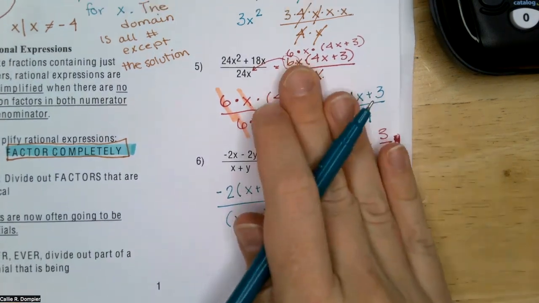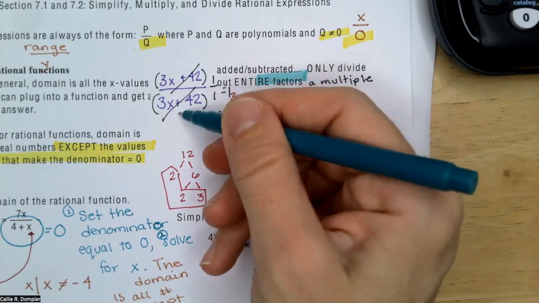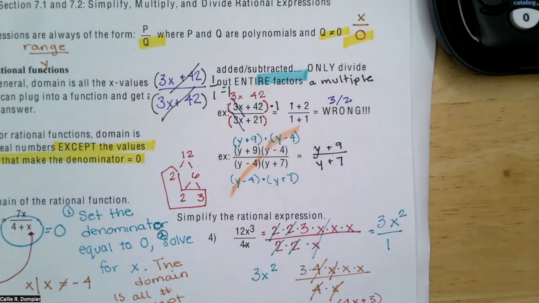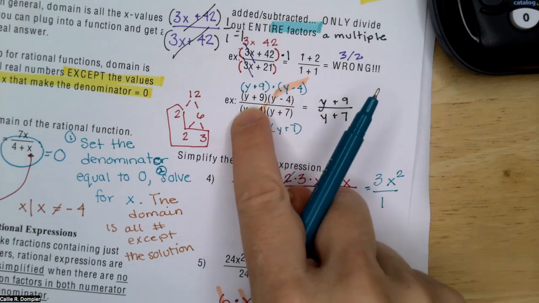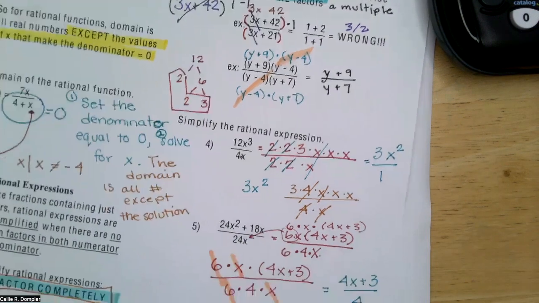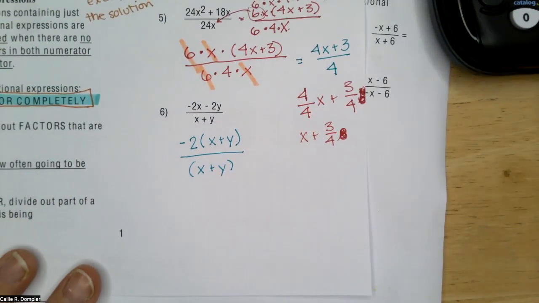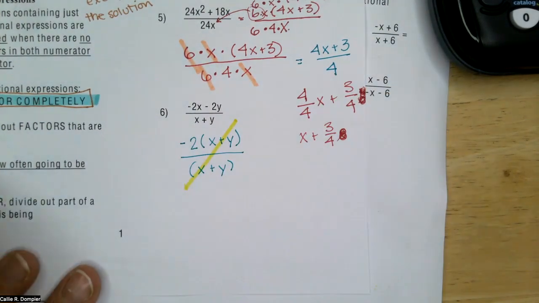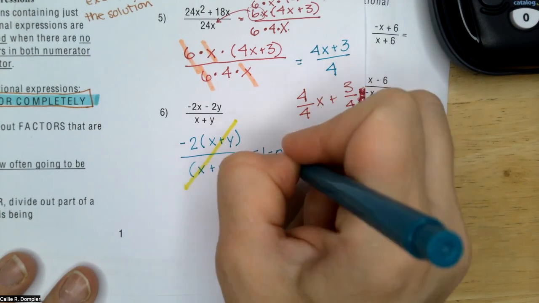Just like we saw up here, if they are exactly the same at the top and the bottom, you can cancel them. It's just 1 divided by 1, which is 1. Or here, y minus 4 times something else. On the bottom, y minus 4 times something else, you can cancel them. So here we have -2 times (x plus y) divided by x plus y. Cancel them out. Your final answer is just -2.